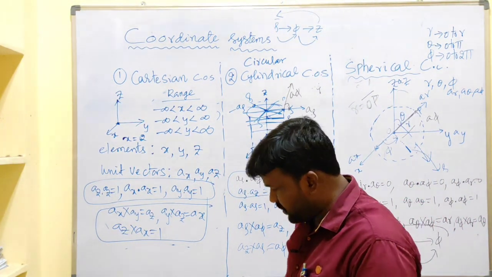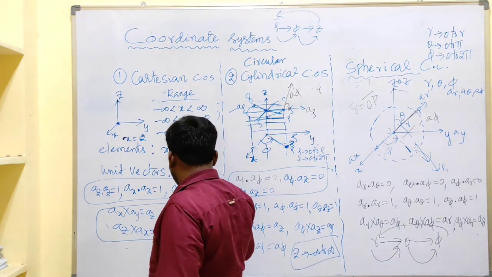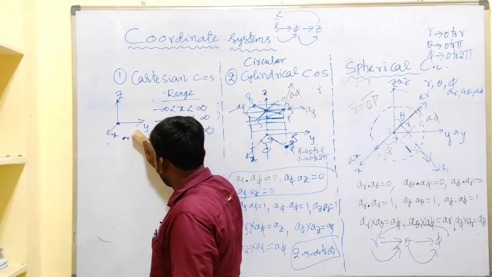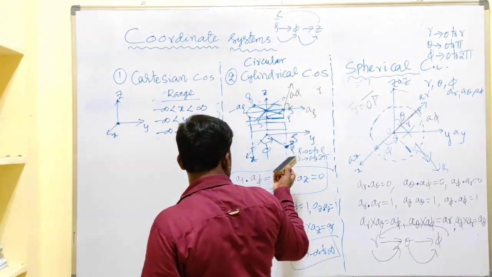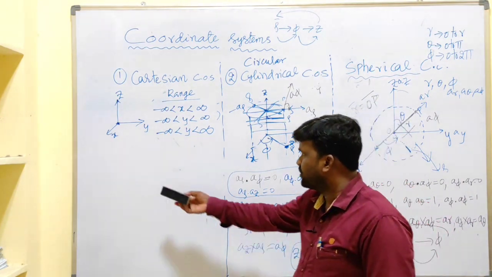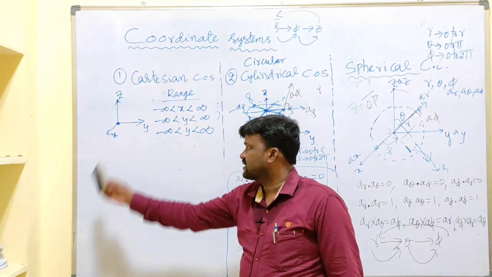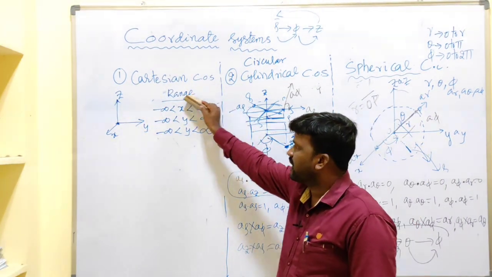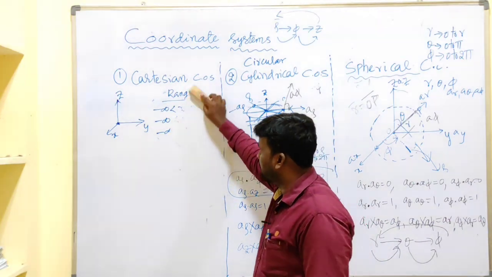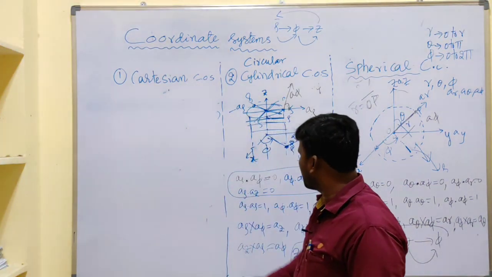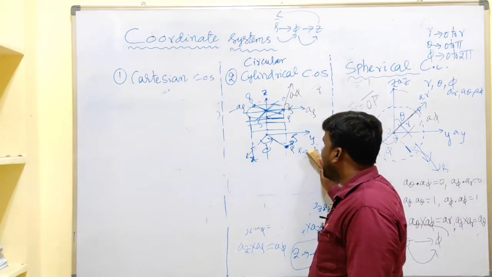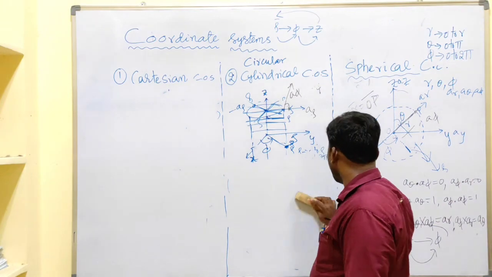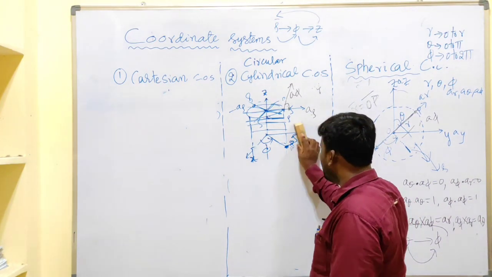Now if you want to see the relationship between them, we need to go into more detail about these components. Of course, x means a variable along the x axis, y along the y axis, and z along the z axis. These are varied from minus infinity to plus infinity. In the cylindrical coordinate system we have the angle pi, whereas in the spherical coordinate system we have two angles, theta and pi.